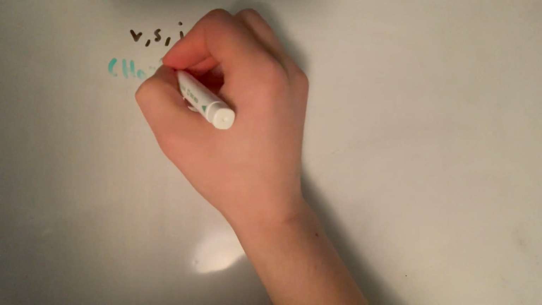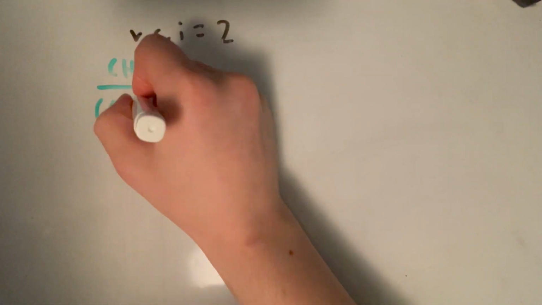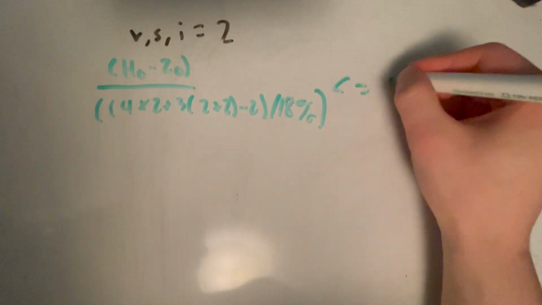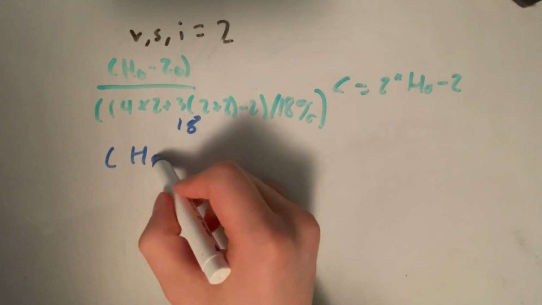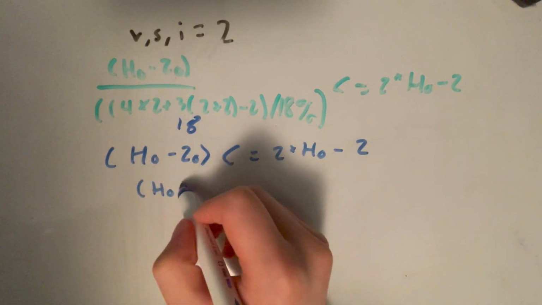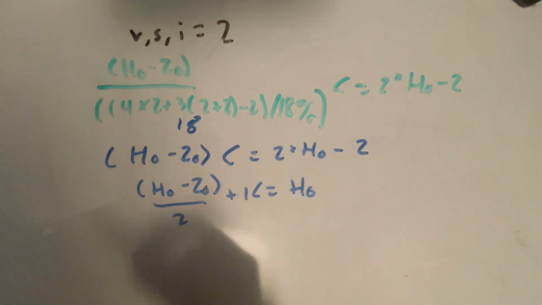With V, S, and I all equal to 2, we can see that the equation will always be a success, as the 2 denominator overrules the plus 1 term.